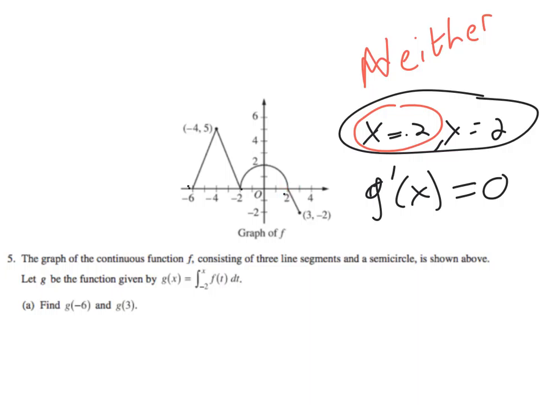So let's check this one. The graph of g of x is increasing to the left of it because it has positive slopes, but it's decreasing to the right of it because it has negative slopes. So if it was increasing coming from the left, and then it starts decreasing going to the right, we would say that this is a maximum.